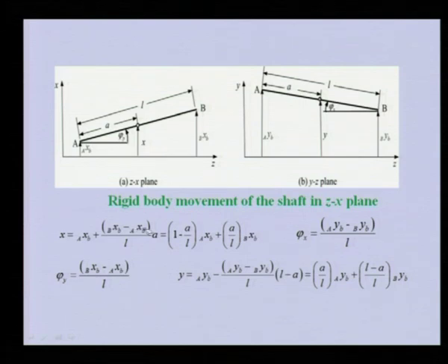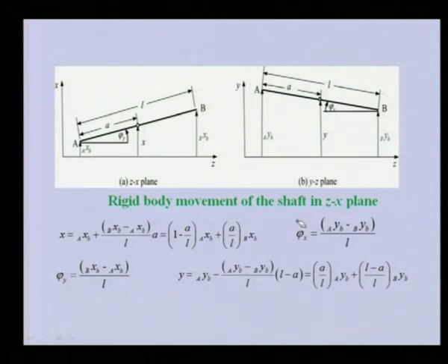So, that gives us the total displacement at the disc location due to the bearing displacements. This can be rearranged in terms of the bearing displacement at end A and at end B. So, this is the translatory displacement of the disc due to bearing displacements.